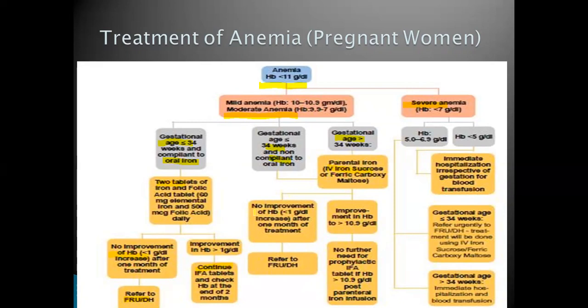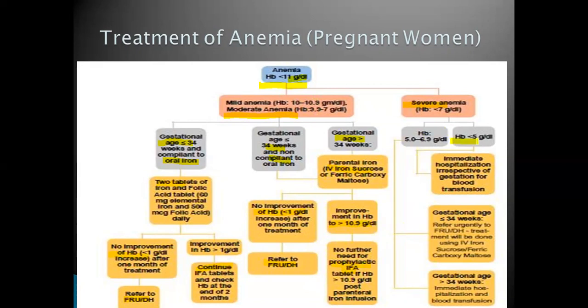Again, if there is no improvement or less improvement, by less we mean less than 1 gram in 1 month, then this warrants a referral to a higher center. But if adequate improvement is there and it goes beyond 10.9, that it comes to the normal level of 11 gram per deciliter, then there is no need for even a prophylactic iron folic acid tablet.